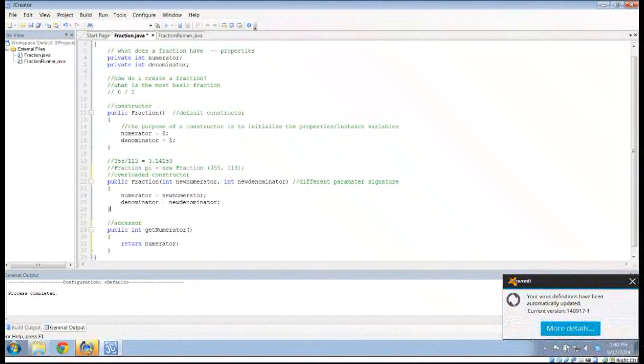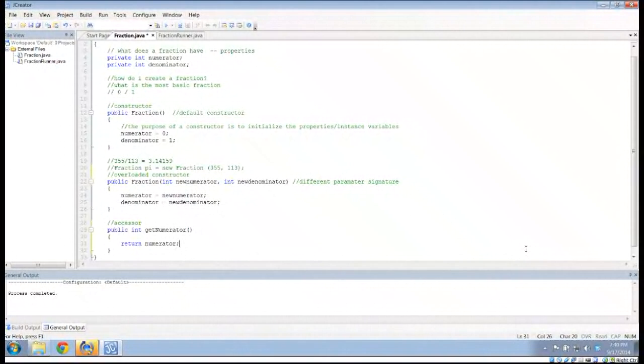All you know is that this is what the numerator happens to be equal to right now. Because later on, we're going to talk about how I change my numerator.